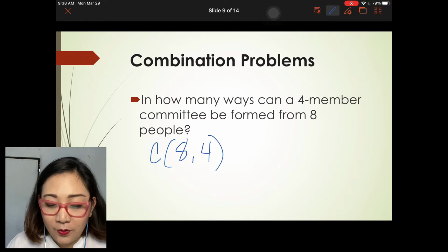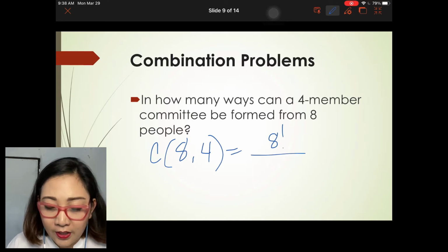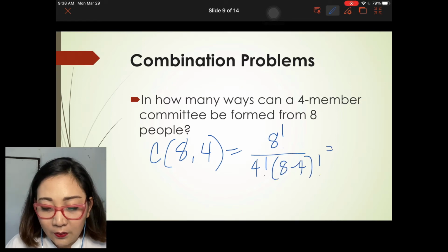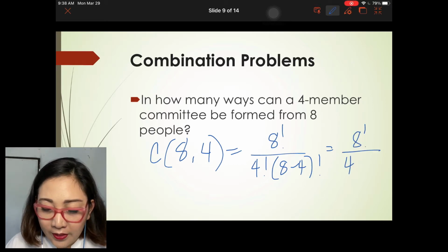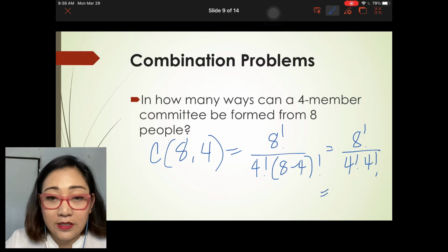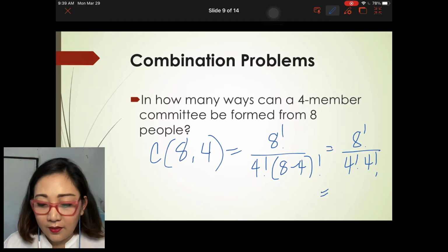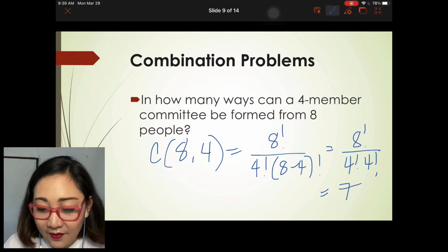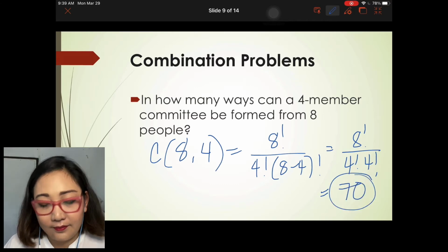So it's going to be 8 factorial divided by yung r factorial and then 8 minus 4 factorial. So essentially that will look like 8 factorial divided by 4 factorial times 4 factorial. So how much is that? That's going to be 70. Okay?